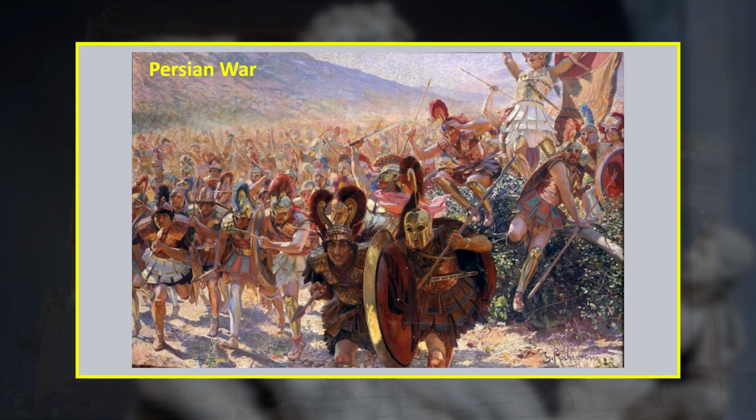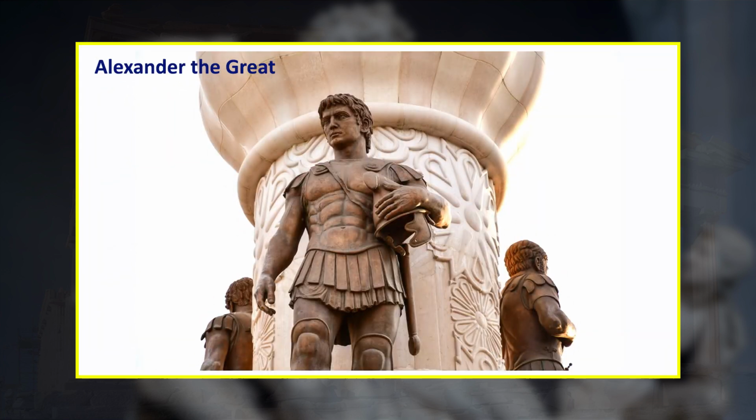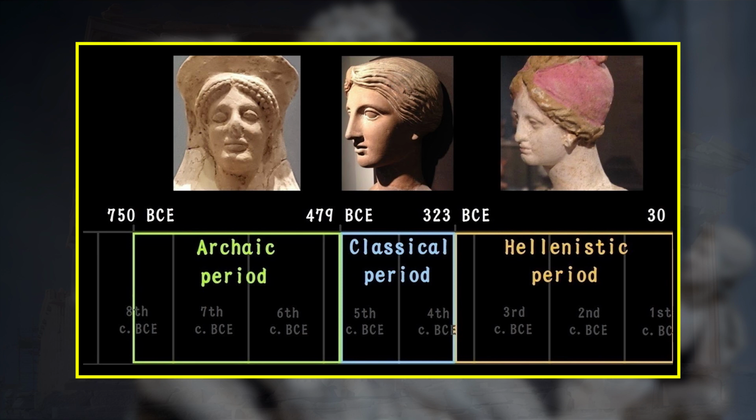In general, the start of the Persian Wars, which lasted from 480 to 448 BCE, is considered the line separating the archaic and the classical periods. Similarly, Alexander the Great's reign, which lasted from 336 to around 323 BCE, is considered the dividing line between the classical and the Hellenistic periods of art. Strong, rigid local traditions and the needs of local cults allow historians to trace the origins and development of Greek art.